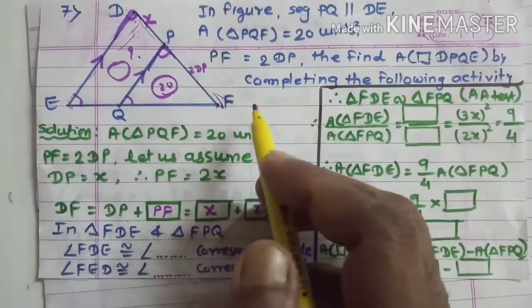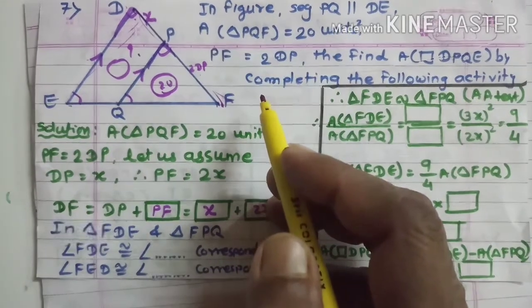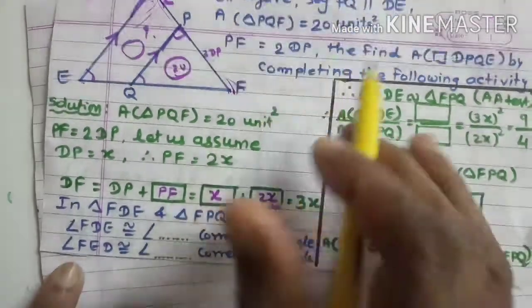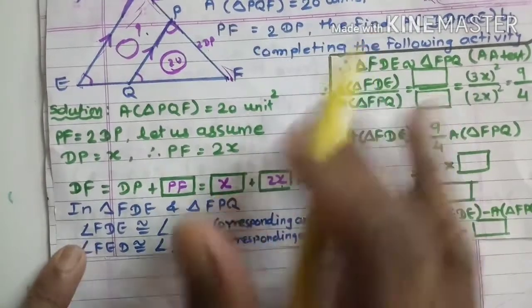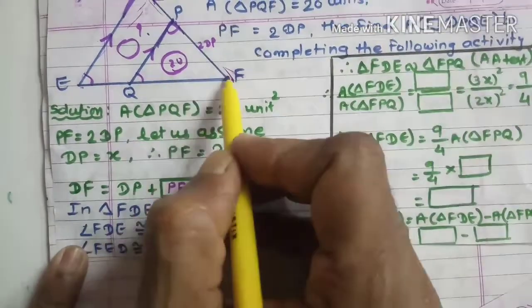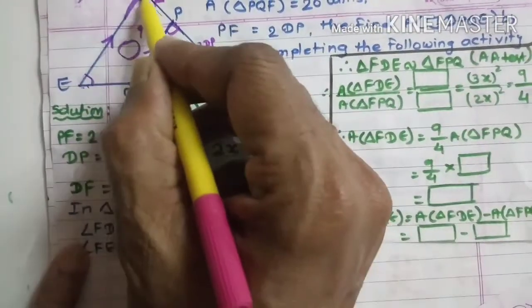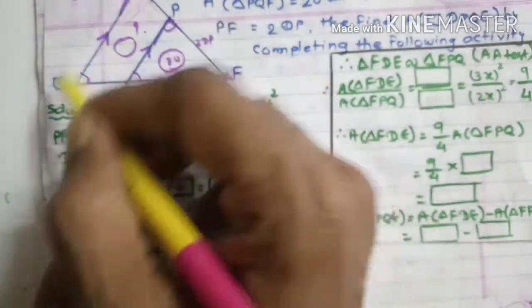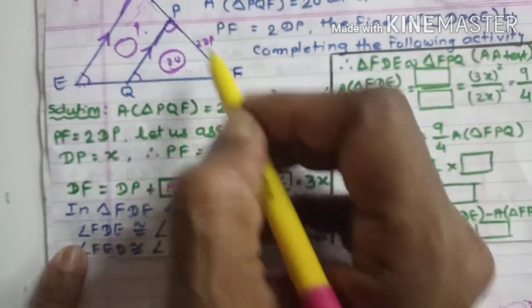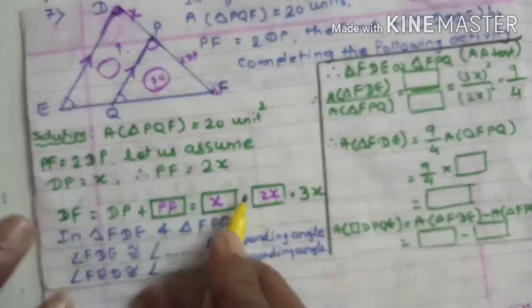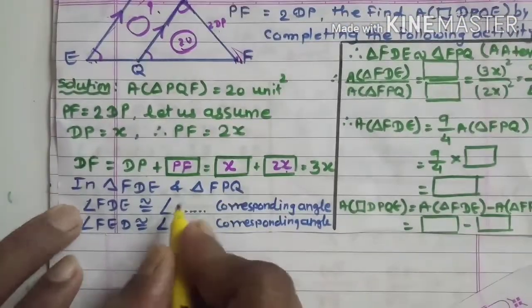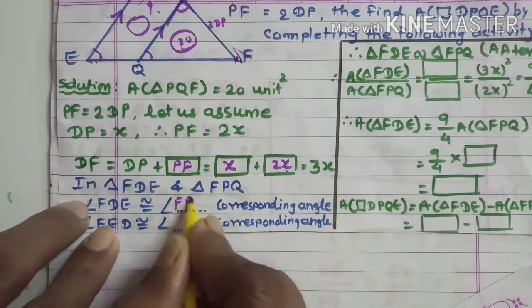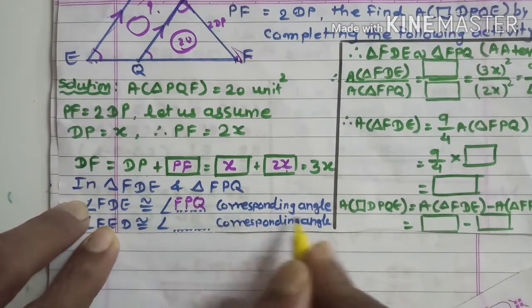Okay, but we need to write only two corresponding angles congruent. Okay, they have given FDE. So which angle is congruent to this angle? FDE congruent to FPQ. So here we have to write angle FPQ, corresponding angle.